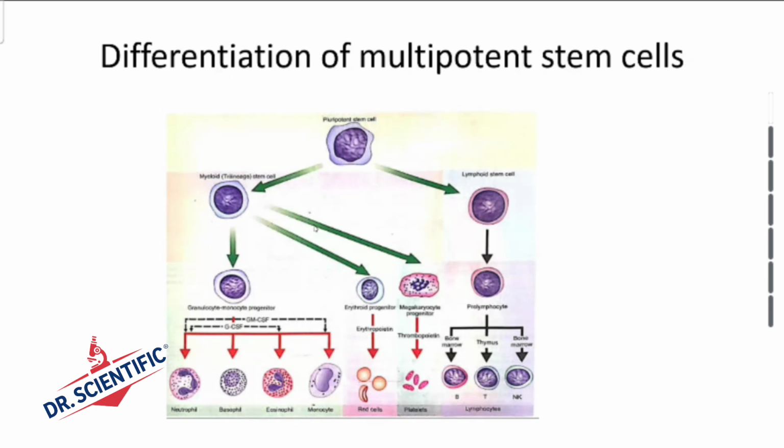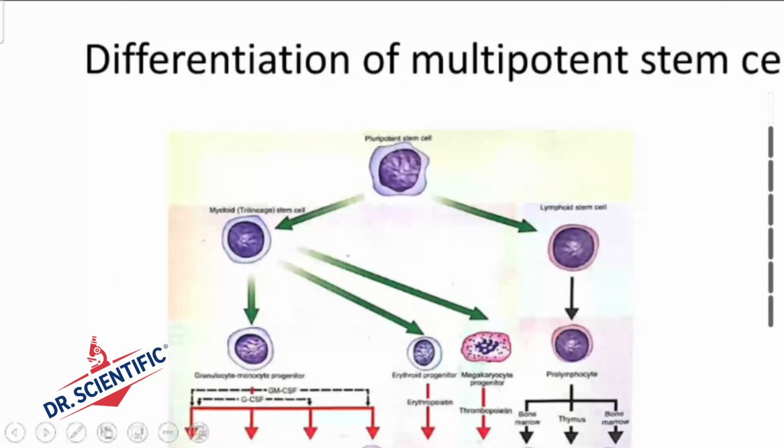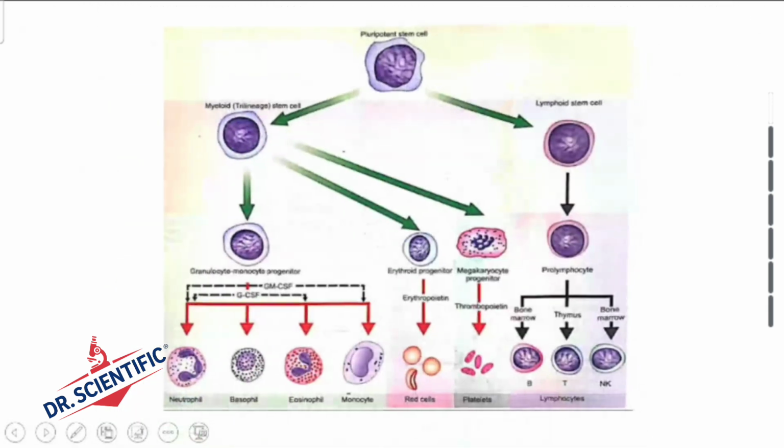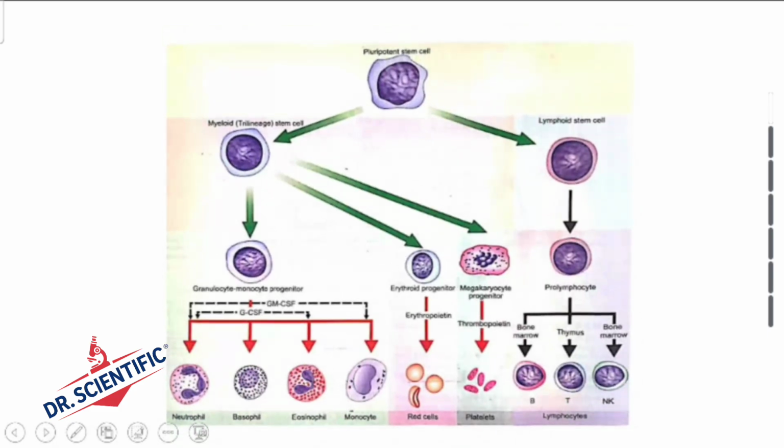You have the granulocyte-monocyte progenitors, with granulocyte colony stimulating factor, so you are able to produce the neutrophils, basophils, eosinophils, and monocytes from that myeloid lineage.